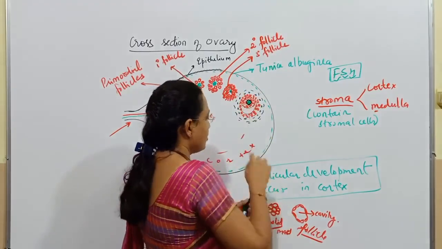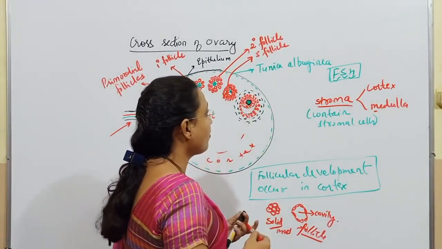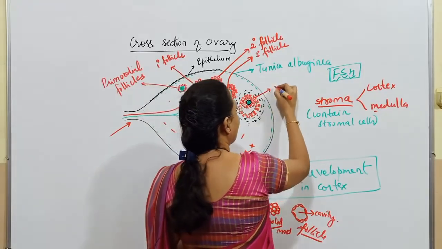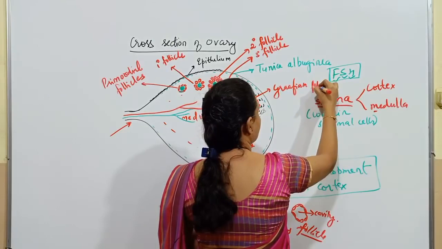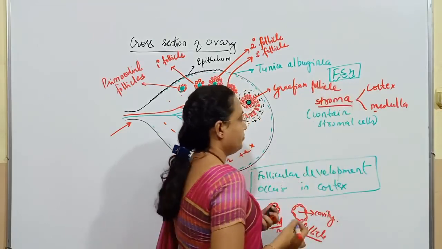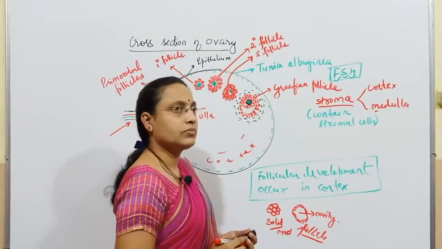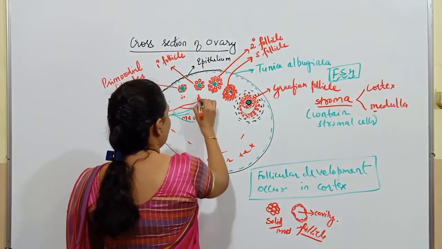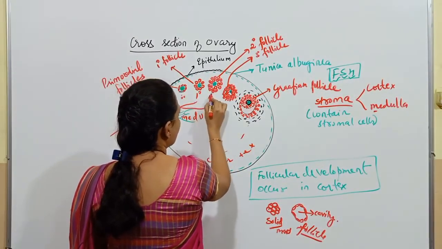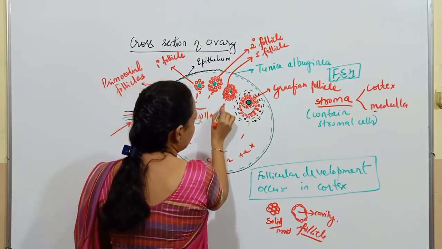Now in this, what is the stage? This is called the Graafian follicle, the mature follicle. And the stage here was oogonia, here it is primary oocyte, here also primary oocyte, and somewhere here the meiosis occurs.